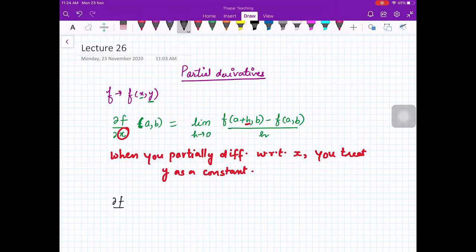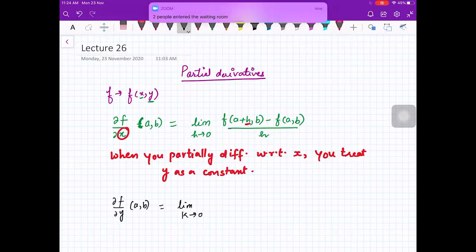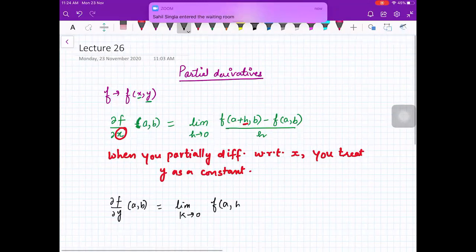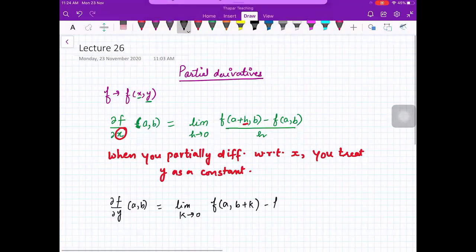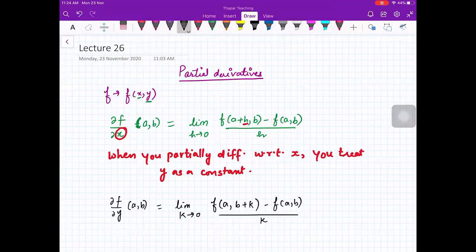Similarly, curly f by curly y at the point (a, b) is defined as the limit. You can keep it h also, but as a convention, we write it as k. Limit k going to 0 of f(a, b + k) minus f(a, b) upon k. We have already done this in the last class.